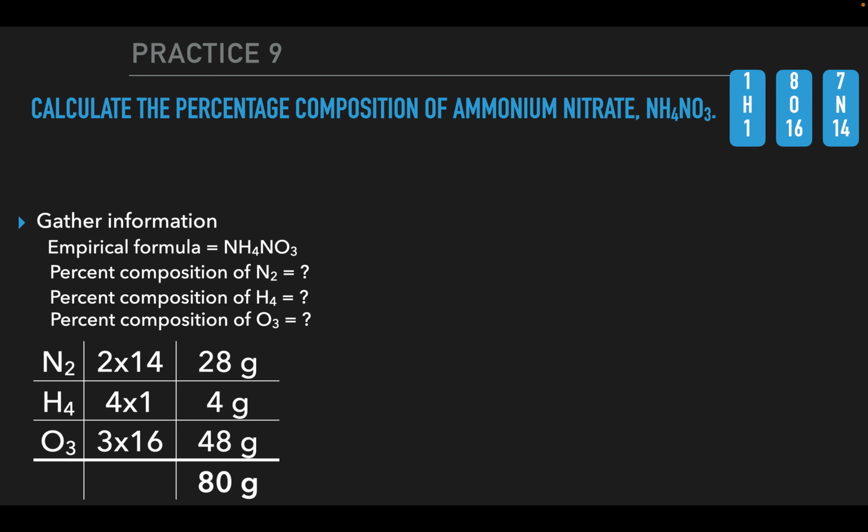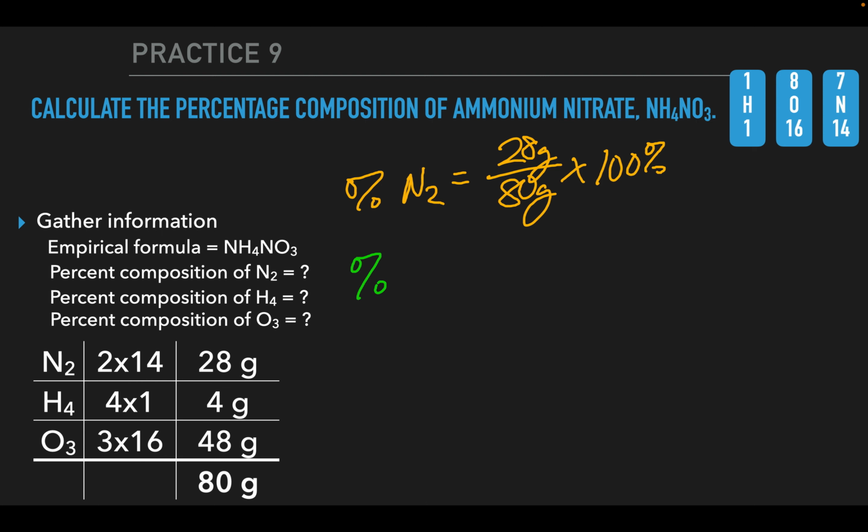Now, to find the percent of nitrogen, you take the total of nitrogen over the total of the molecule times 100%. For hydrogen, you're going to take whatever hydrogen we had, which was 4 grams, over the total 80 grams times 100%.